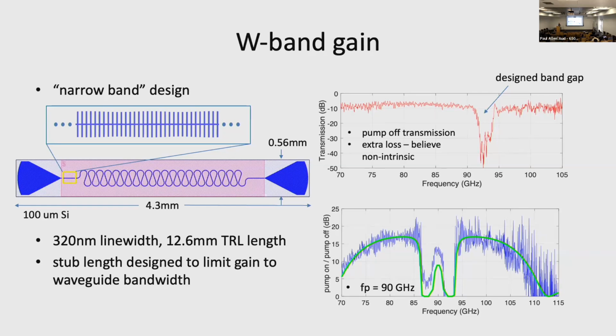So on the top right is the transmission that we measured through this particular device. And you see there was some extra loss in this device, but you can see the band gap that we designed in. And then applying the pump, we measure the gain shown below. This is pump off versus pump on gain.